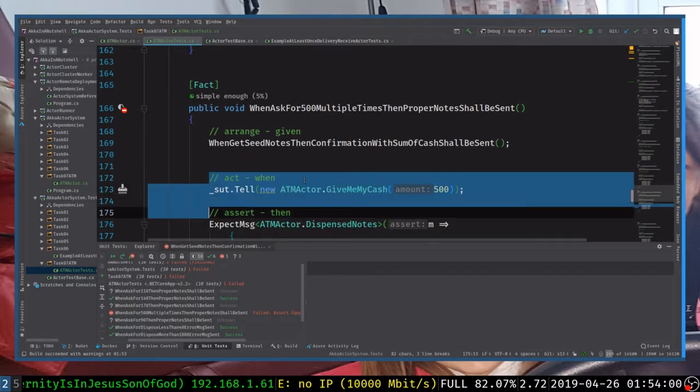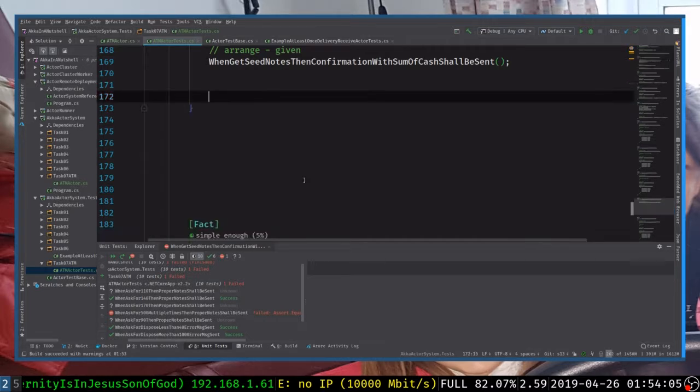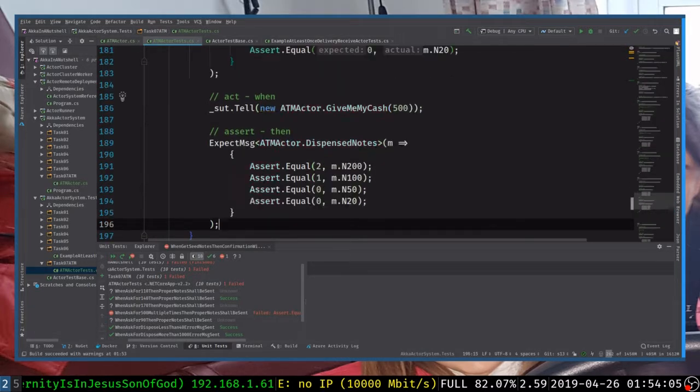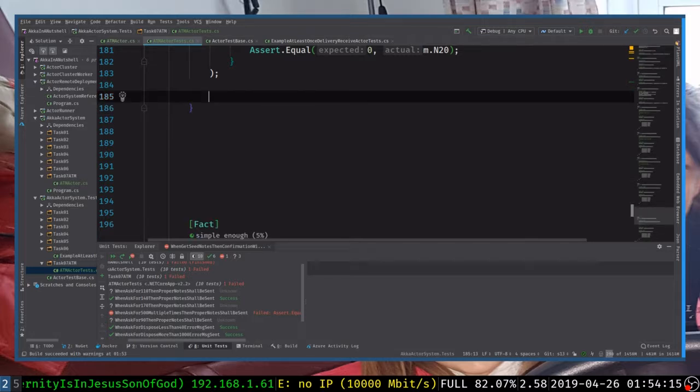Now have even more reset multiple times. So for the second time when we asked for 500. Okay, sorry for that. First, fix this.